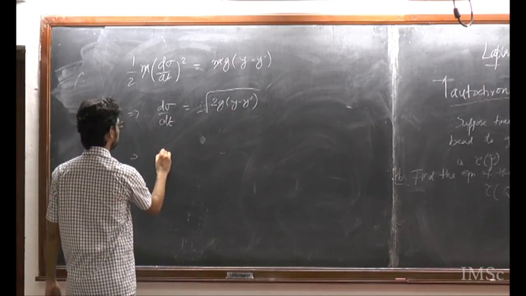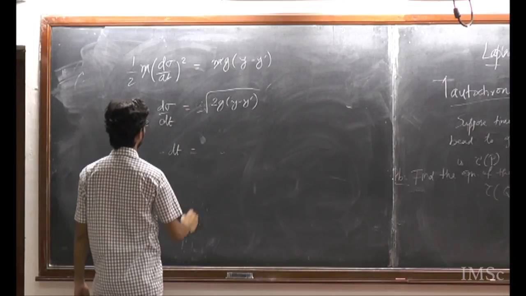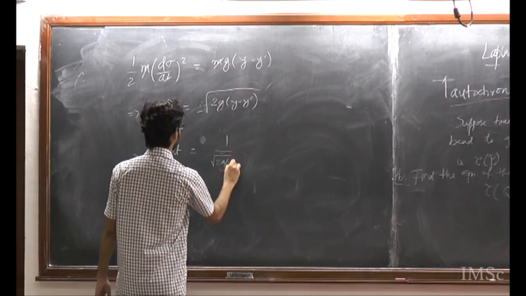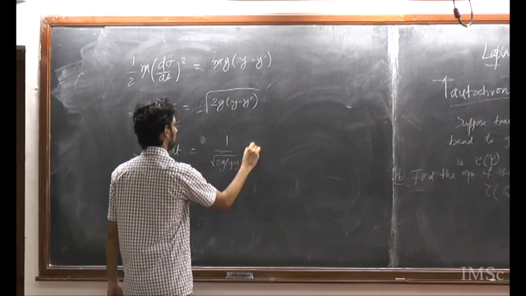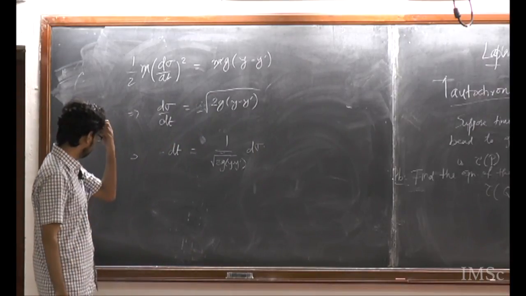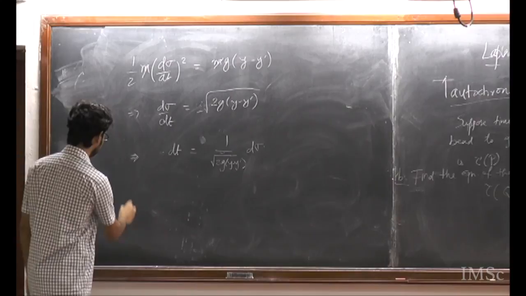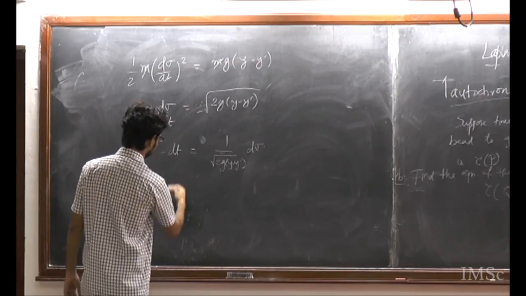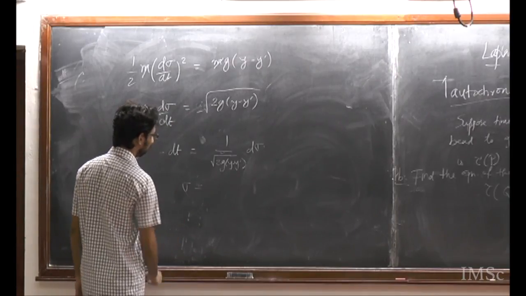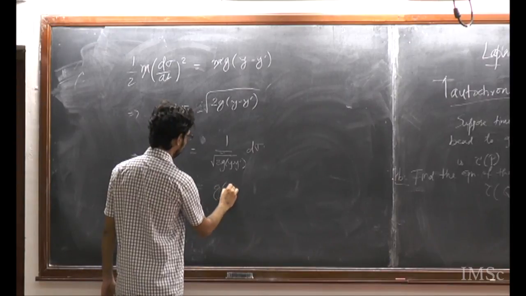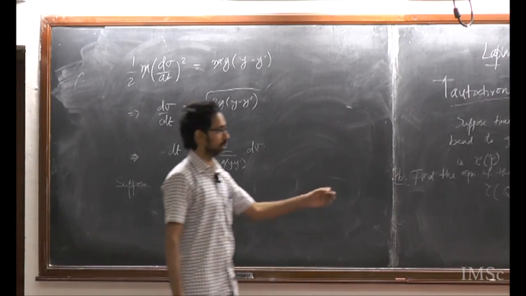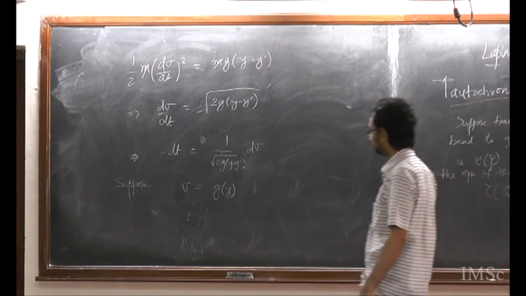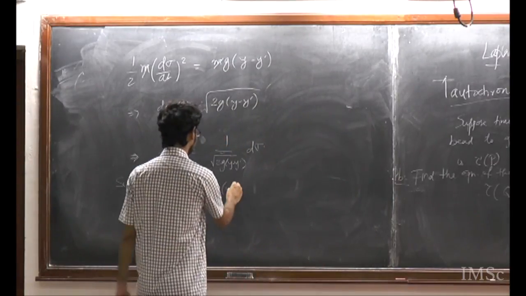So what one can do here is take minus dt on one side and 1 over root 2g (y minus y prime) d sigma on the other side. Now suppose that the arc length sigma is given by a function of y only, the second variable y prime.